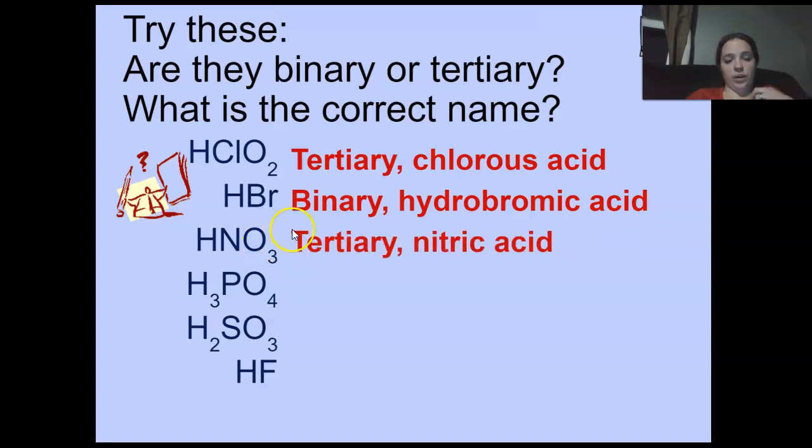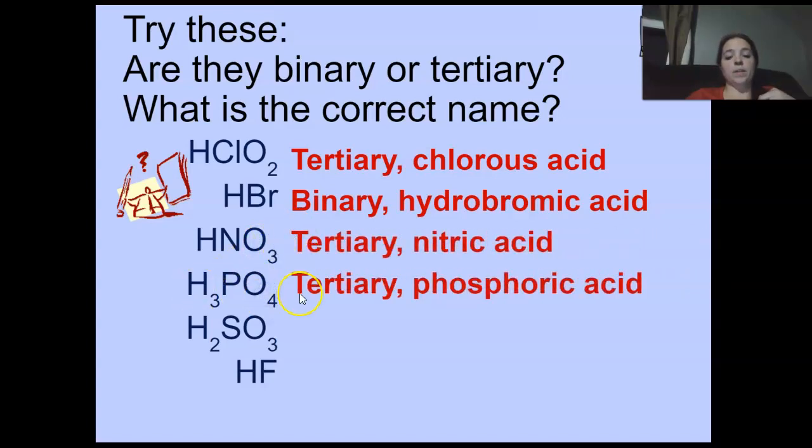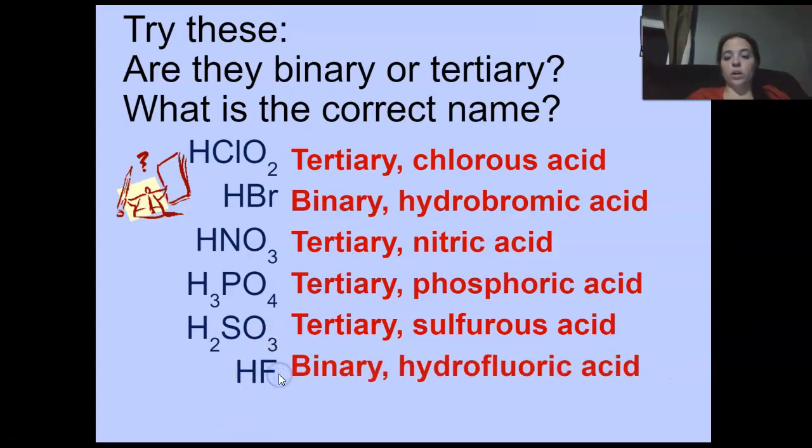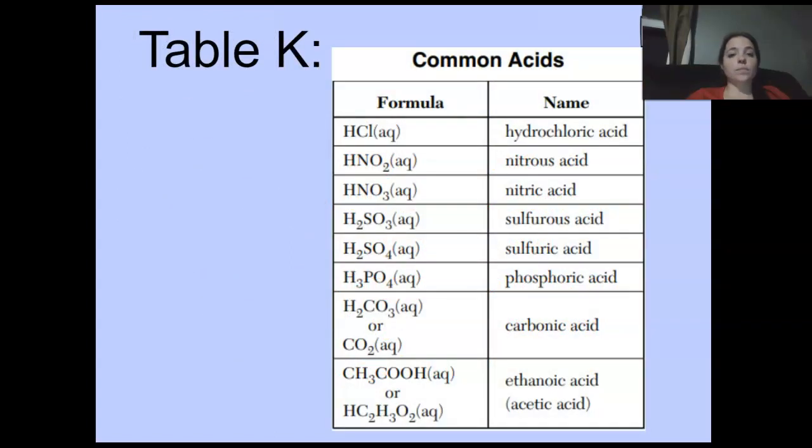Nitric acid, tertiary. 3 again. This is phosphoric acid. This is sulfuric or sulfurous. Sorry, that's my bad. Sulfurous acid. There's 2, so it's binary. Hydrofluoric acid. Yes, hydrofluoric acid. All right.